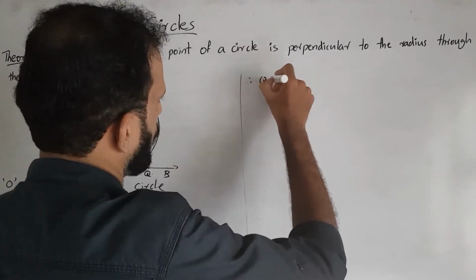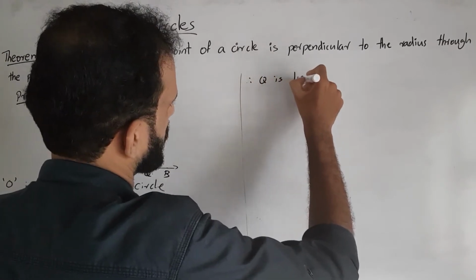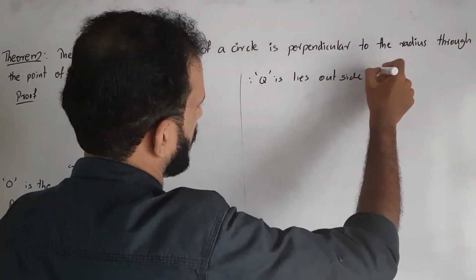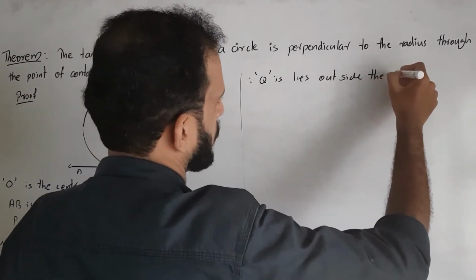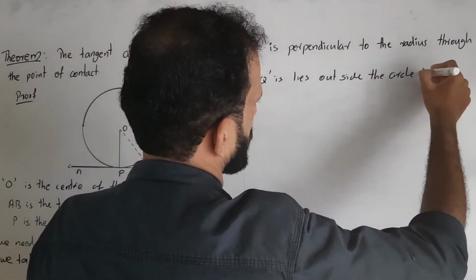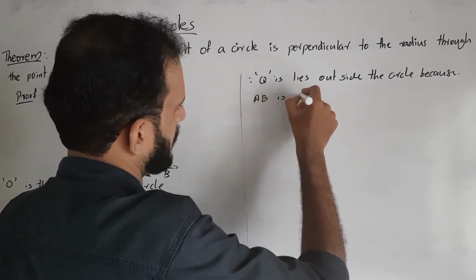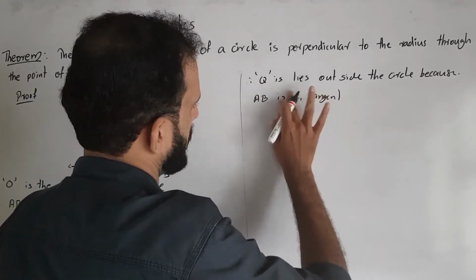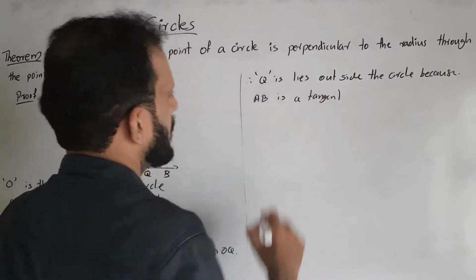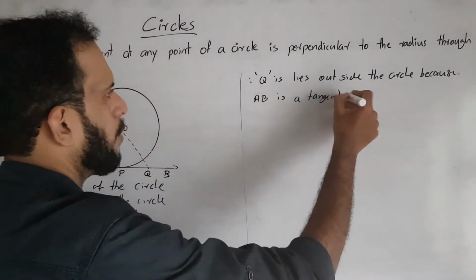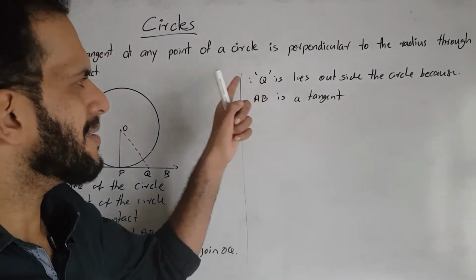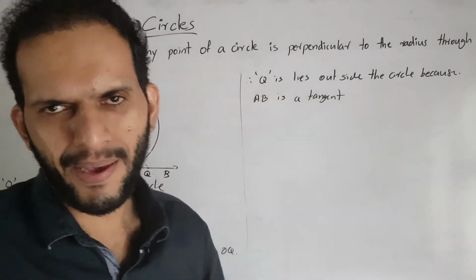Therefore Q lies outside the circle. Why? Because AB is a tangent. Otherwise, if Q lies inside the circle, then it becomes a secant.